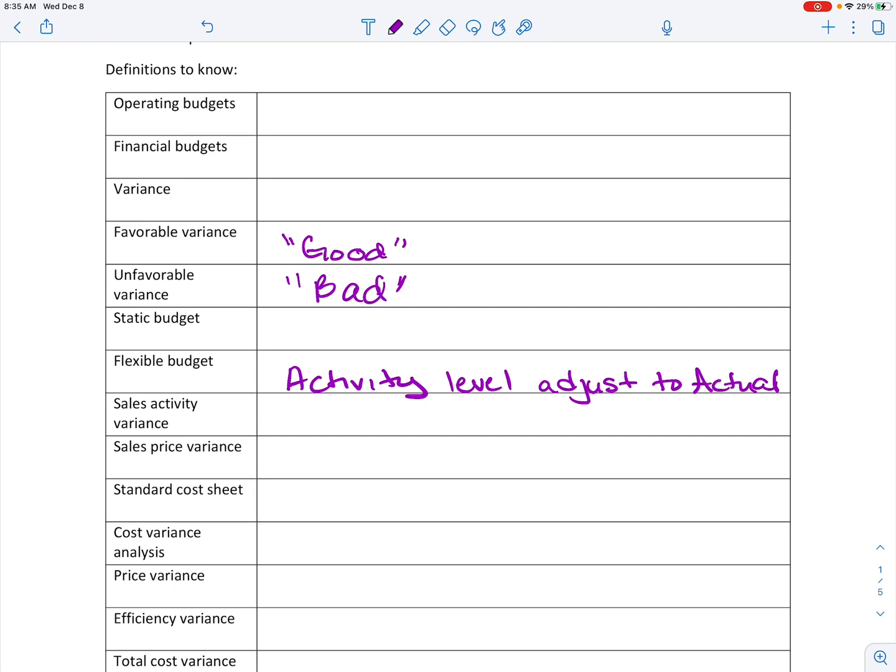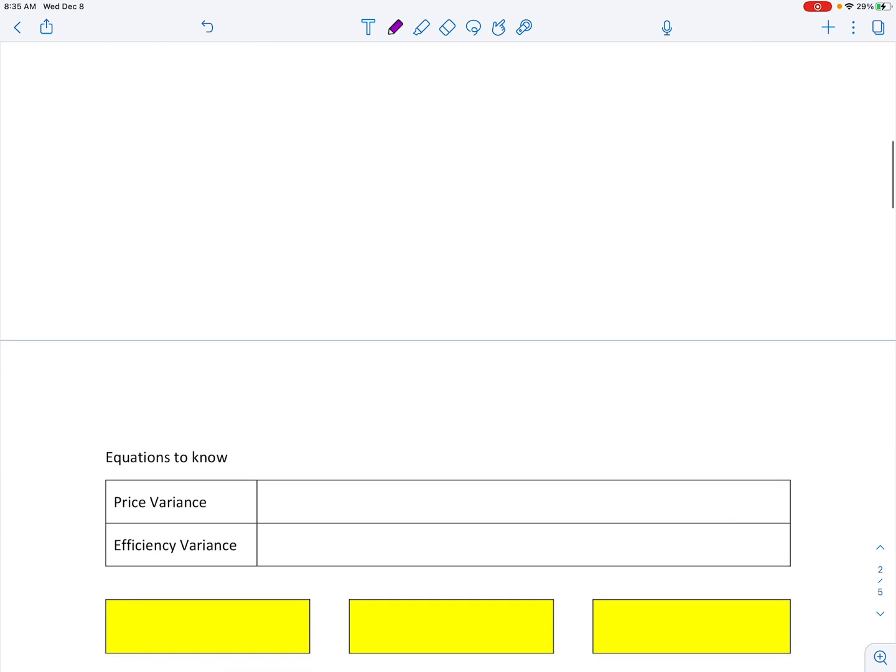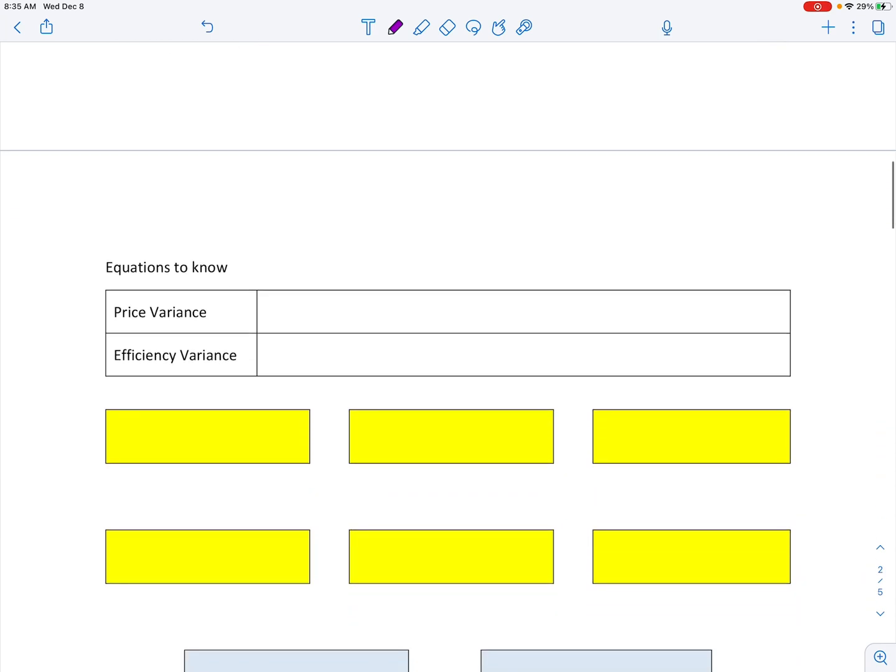There are some shortcuts that I want to make sure you're aware of. It just saves you some time. When we're looking at a price variance, we're going to take our actual quantity and multiply that by our actual price minus our standard price.